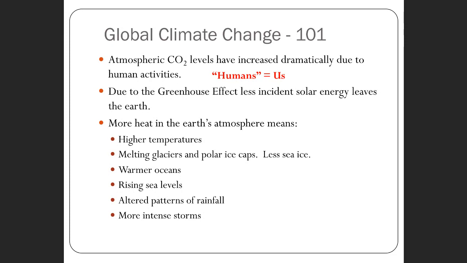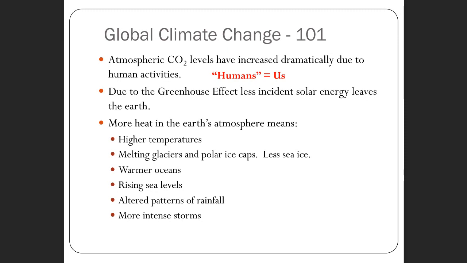We knew that due to the greenhouse effect, we're trapping that CO2 in the atmosphere and the other greenhouse gases, the methane, et cetera, right? Less of the energy that comes from the sun is able to leave again, so that's warming up the atmosphere. We know that more heat in the atmosphere means warmer temperatures.